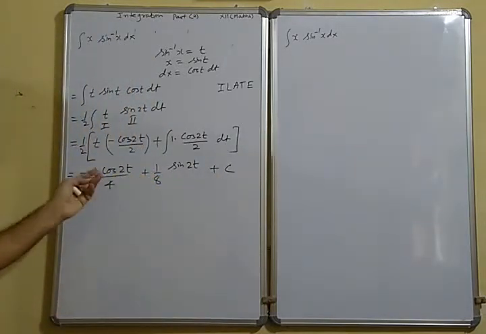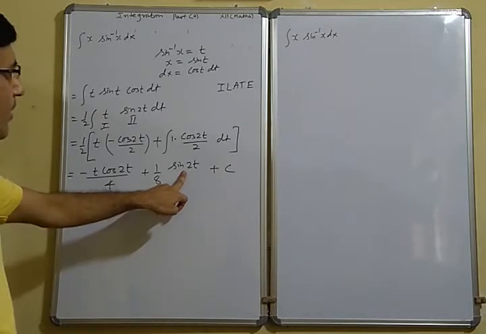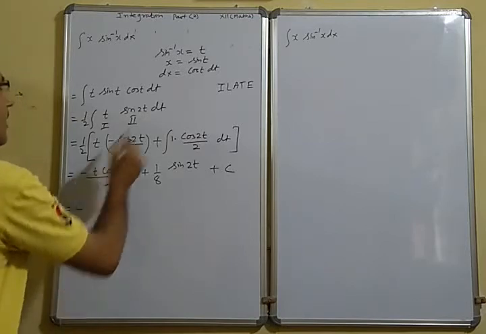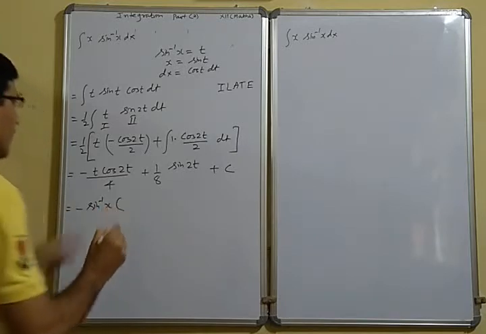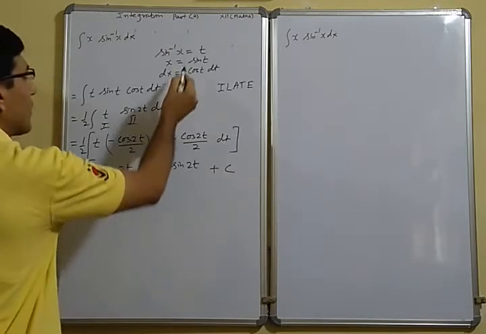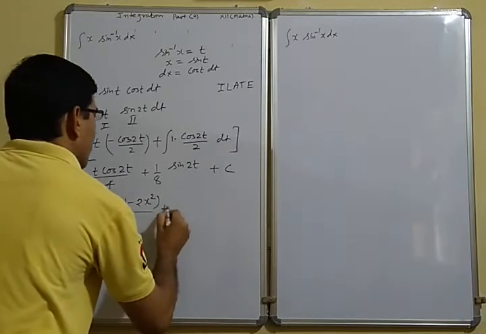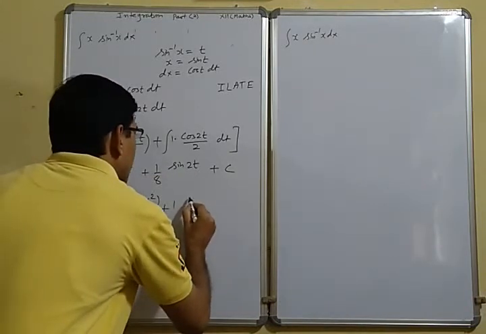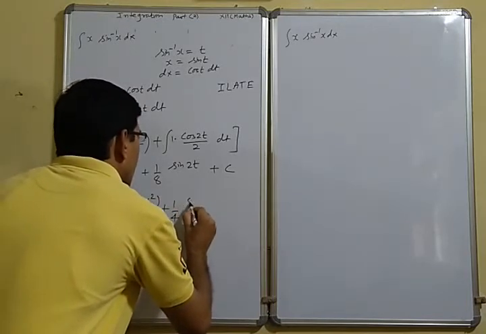Now we have to convert it into a function of x. So for sin 2t we use the formula 2 sin a cos a, and cos 2t we will break. This is minus t, and t is sin inverse x, so this is sin inverse x, and cos 2t is equal to 1 minus 2 sin square t, that is x square divided by 4 plus 1 by 8, and sin 2t is 2 sin t cos t, 2 4 is 8, so that is 1 by 4 sin t cos t.